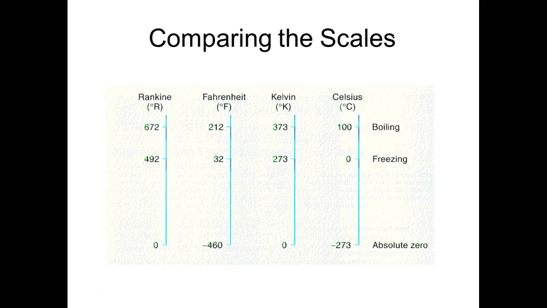You just might get out there and find some type of indicator according to this. So Rankine is what scale? It's based on the Fahrenheit scale, yeah. Kelvin is based on the Celsius scale. Sounds like a good test question.